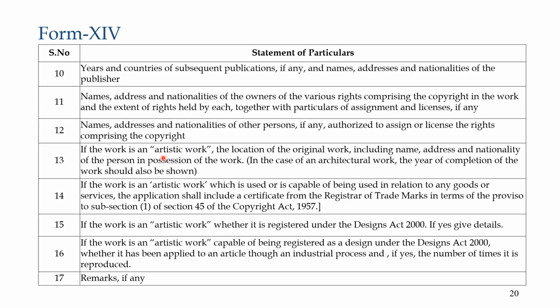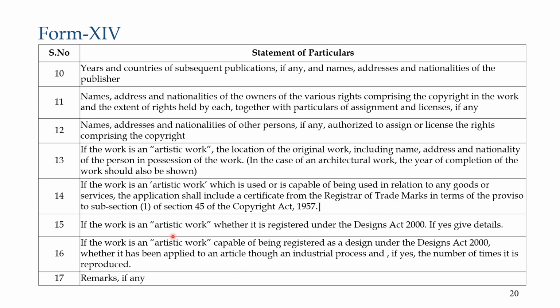If the work is an artistic work, then the location of the original work, including name, address, and nationality of the person in possession of the work. If the artistic work relates to goods and services, then the application shall include a certificate from the Register of Trademarks.